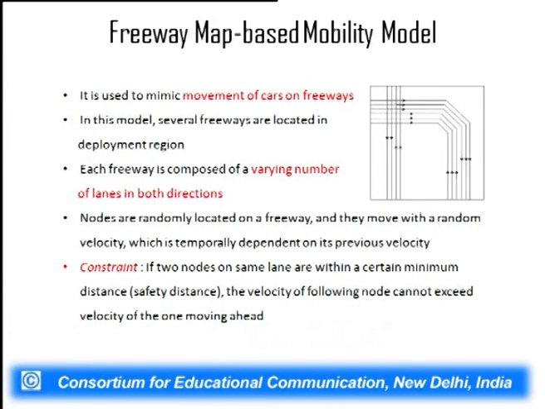Now in each freeway there can be different numbers of lanes running in both directions infinitely, and the nodes that are randomly located on the freeway have a random velocity chosen within a range, or they can maintain some average speed, etc. The constraint that we have in this model is that if on a particular lane two vehicles are moving, then the second vehicle, the following vehicle, will not overtake the first vehicle, and it will maintain a distance which is known as a safety distance.